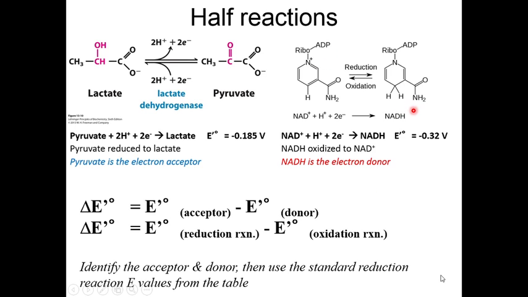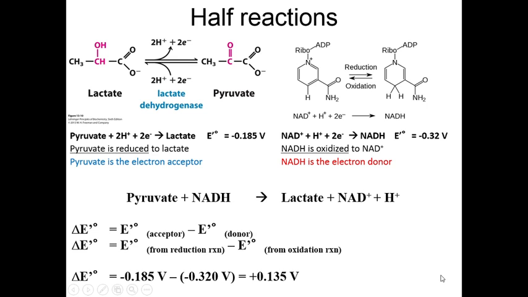In this case, it's easy because NADH is the electron donor and pyruvate is the electron acceptor. So what we essentially do is plug in the values, that is minus 0.185 of the acceptor minus minus 0.320 volts. That is equal to 0.135 volts. That is the delta E for these two half reactions combining to one full reaction.